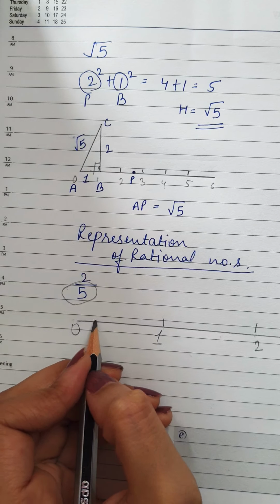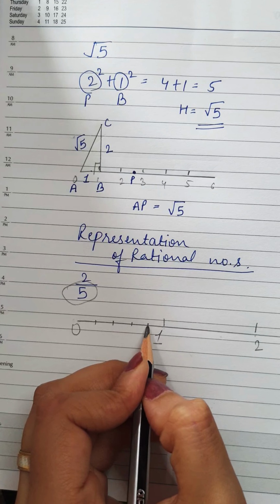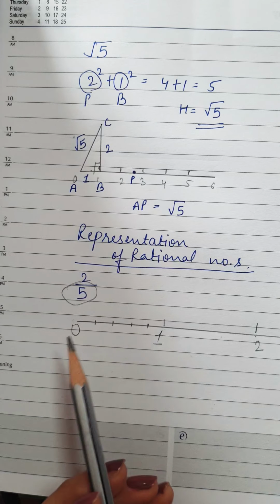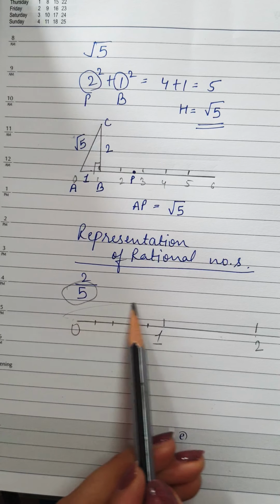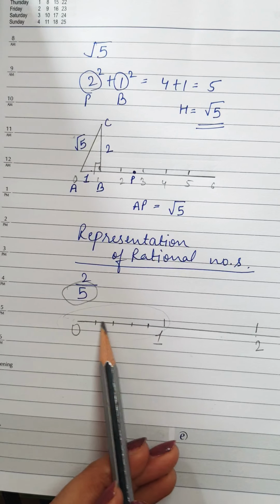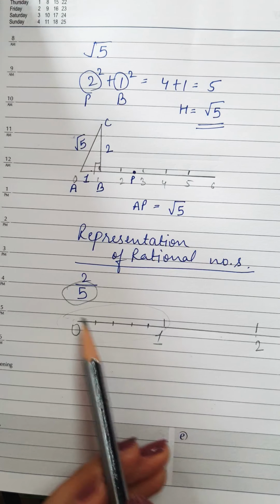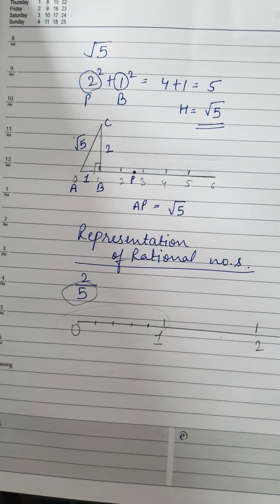equal parts. So rough idea, I think all the parts are equal. So now only this part of the line I have divided into 5 parts as the denominator. So 1, 2, 3, 4, 5. Starting from here, this number will be 0 by 5.